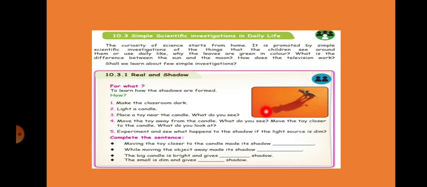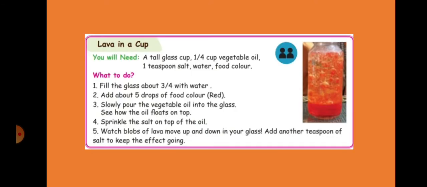On one side the toy and on another side we'll see a shadow. So if we move the toy away from the candle, what will happen? The shadow will become bigger, right? If you move near to it, it will become smaller. Okay, so I hope you all have done this experiment in your house.